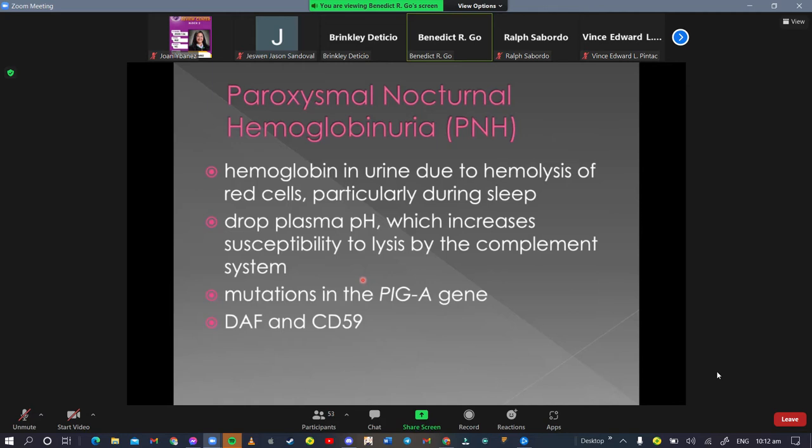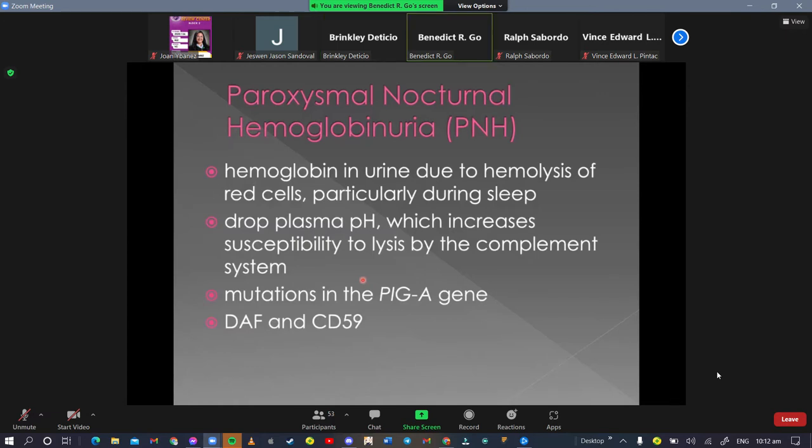So you're saying that the PIGA gene will code for your DAF and CD59? No, Doc.